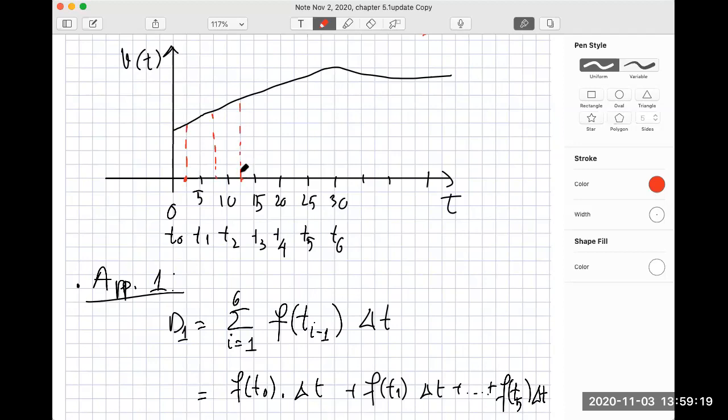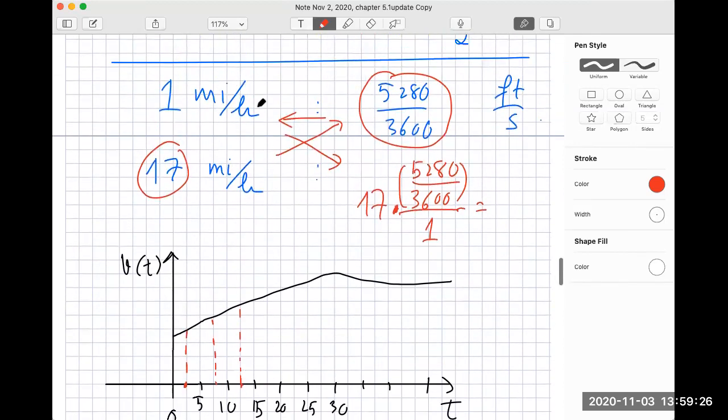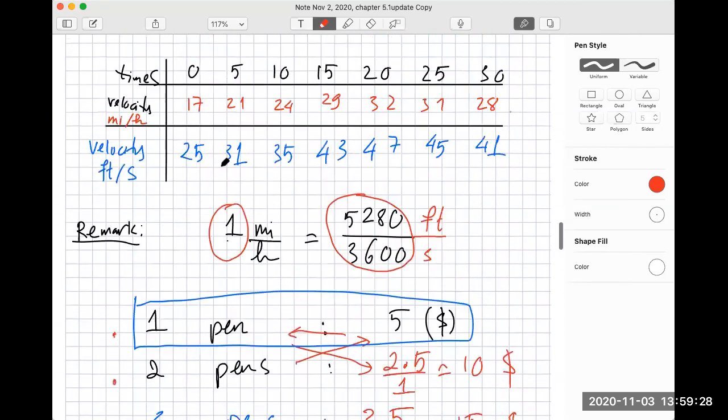Where the average is the left and the right value, or specifically the v between 0 and 5, we can average 25 plus 31 and divide by 2. That is the average velocity of this interval. It will give you another approximation, right? Okay, so the idea is that.